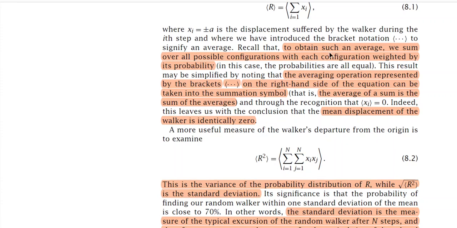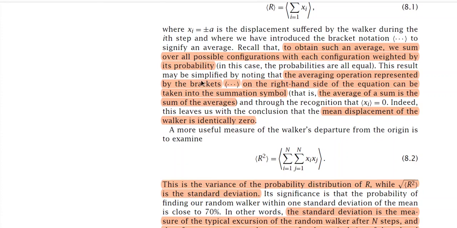Recall that to obtain such an average, we sum over all possible configurations, with each configuration weighted by its probability. But in this particular case, the probabilities are all equal, as we have stated before, because the movement to the left and right is equally probable.